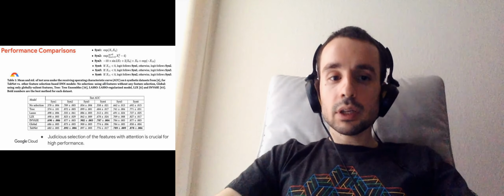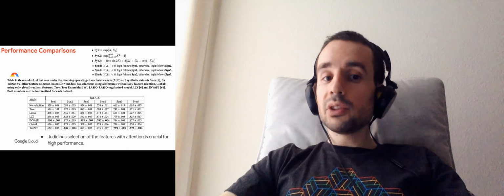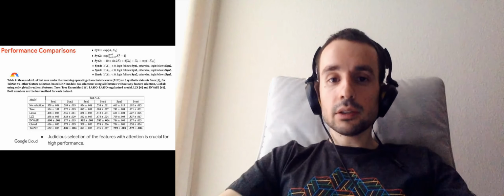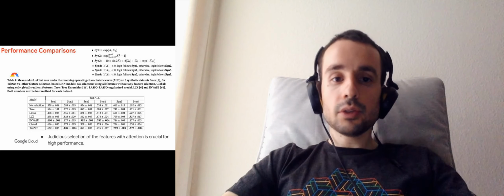And here we show that this no selection rule, the standard deep neural network, would give poor performance on these datasets with small training dataset because of this overfitting to irrelevant features.